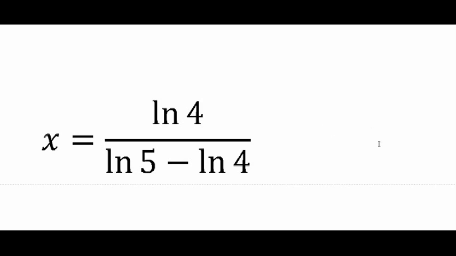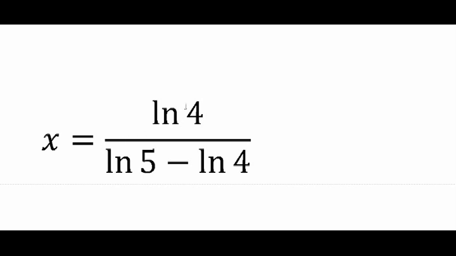When you do the calculations, you've got to be careful that you use parentheses on your calculator when doing this denominator part. Otherwise, most calculators will think that you've done the division of log 4 over log 5 and then subtracted the log of 4 from that. So you've got to use parentheses.